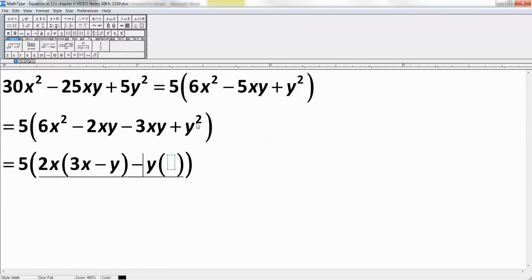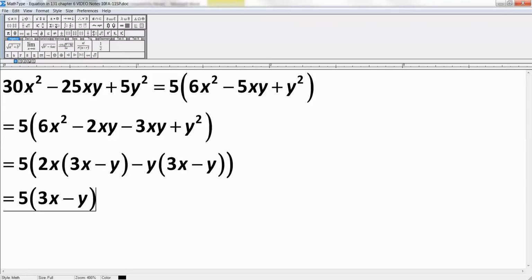It's not minus 3. This term doesn't have a 3 to give. What am I thinking? It has a y to give. So let's do minus y. And that leaves me 3x minus y. Reason being, minus y times a minus y would make a positive y squared. Now you can see that they have the same factor. They both have 3x minus y in them. So you can factor out a 3x minus y. That leaves you 2x minus y. Right there. 2x minus y.